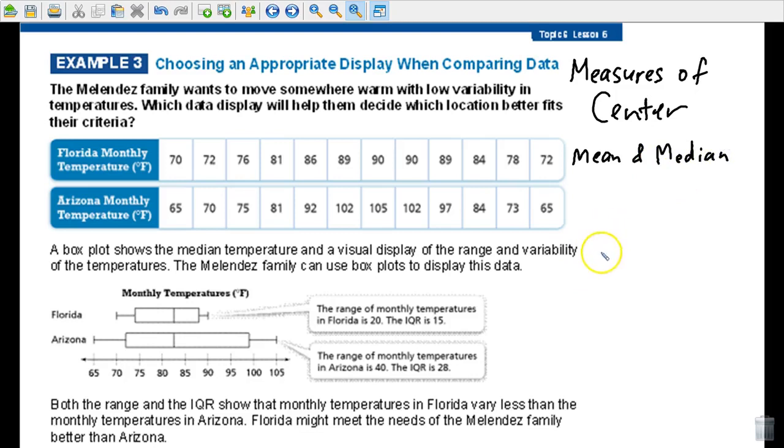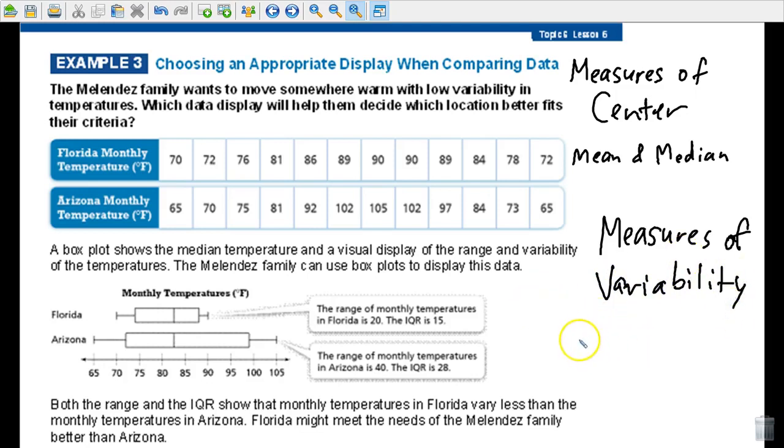And then we had measures of variability, which were range and IQR. So they want to see low variability, therefore we should use range and IQR. And the easiest way to display that is with a box and whisker plot.